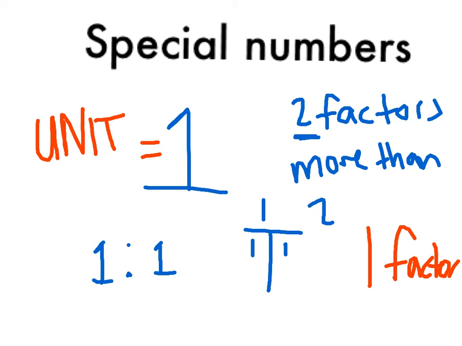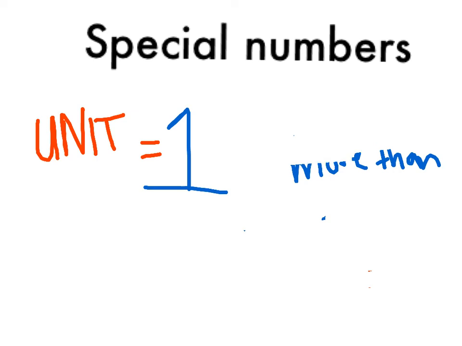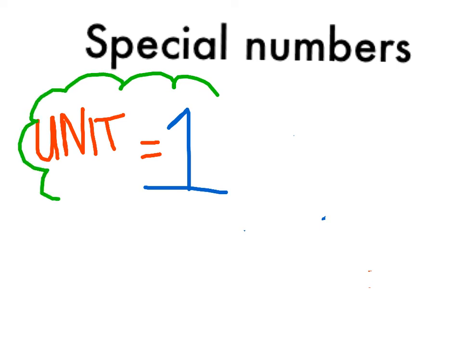Oh, I forgot another special number. Thank you, Miss Mitchell. We can't forget about our other special number. What is our other special number? The number 2. Why is the number 2 special? Well, as we've talked about before, all even numbers are composite because they're all divisible by 2.